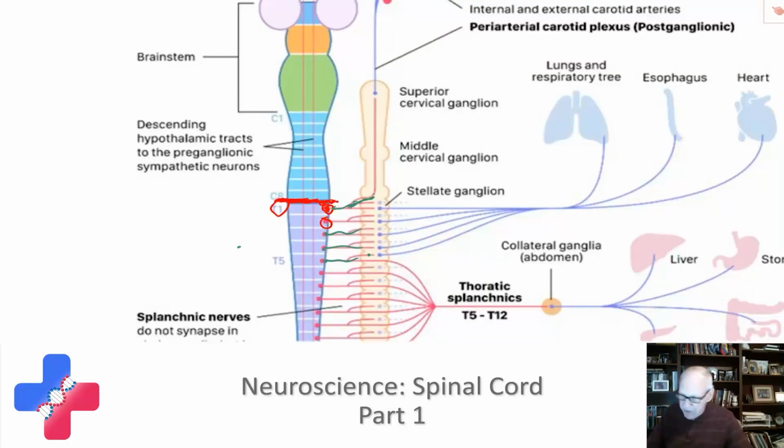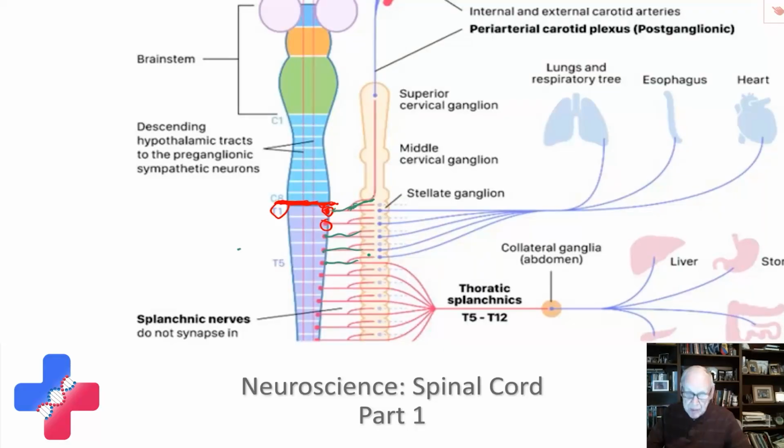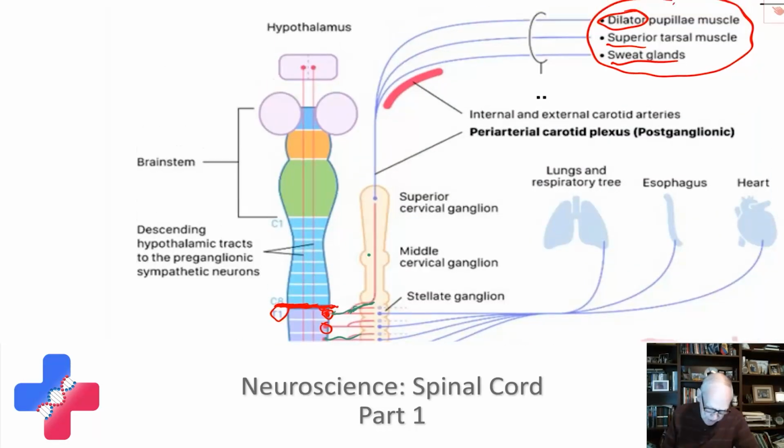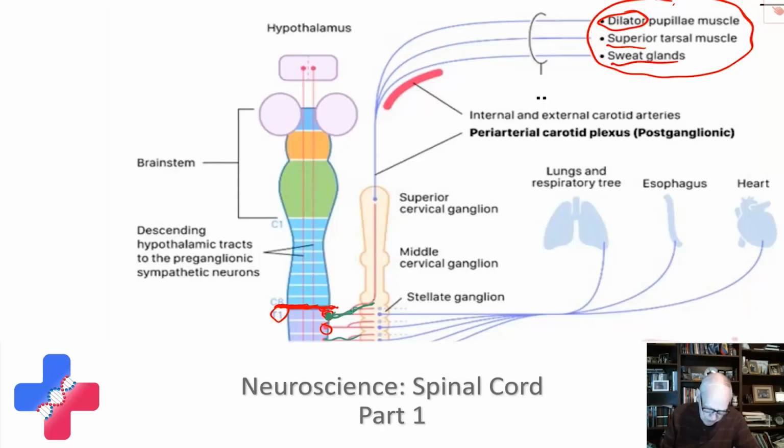Now, there's more to that story, and we would cover that if we were covering autonomics in a little more detail. But notice from T1, this is the primary origin of sympathetics to the head. These are the ones that enter the sympathetic chain, and they just elevate themselves up through the chain in the neck. There's a cervical part of this chain.